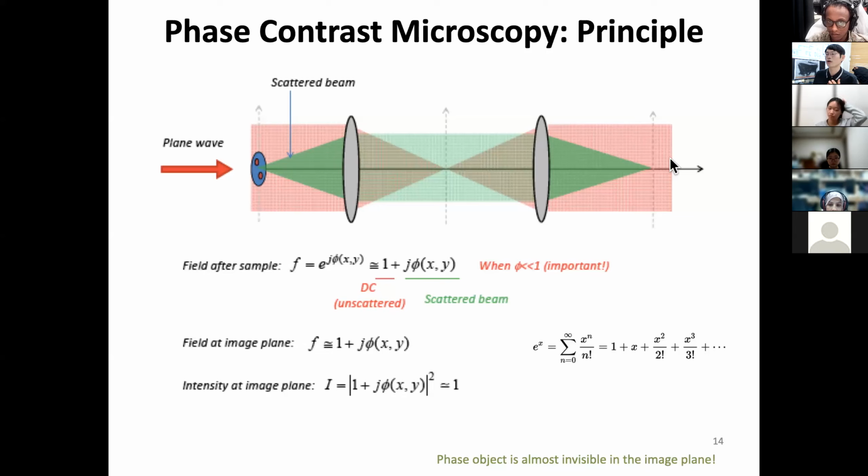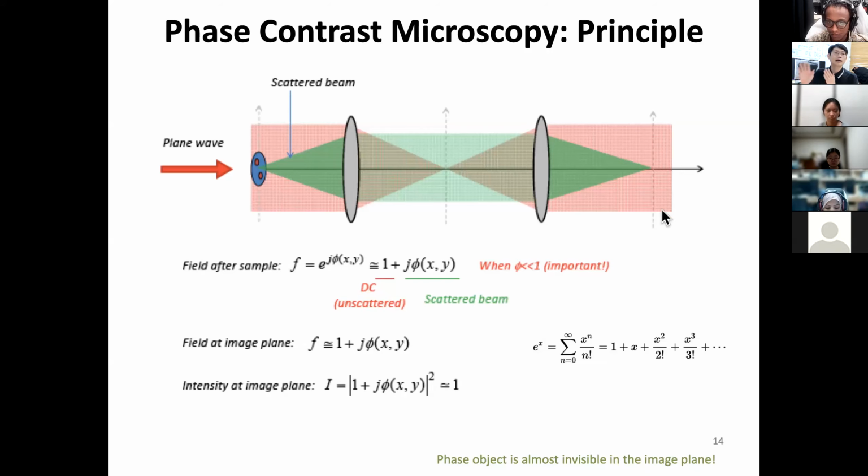What's the field on the image plane? Because that's supposedly a map of this sample, you will have the same field at the image plane, 1 plus j phi. It's an approximation. But we are not seeing the field directly, we are seeing only intensity, which is the magnitude square. And I would say phi is originally smaller than 1. So this is 1.